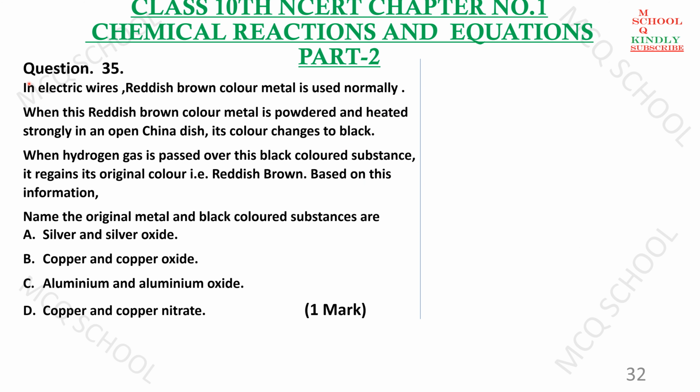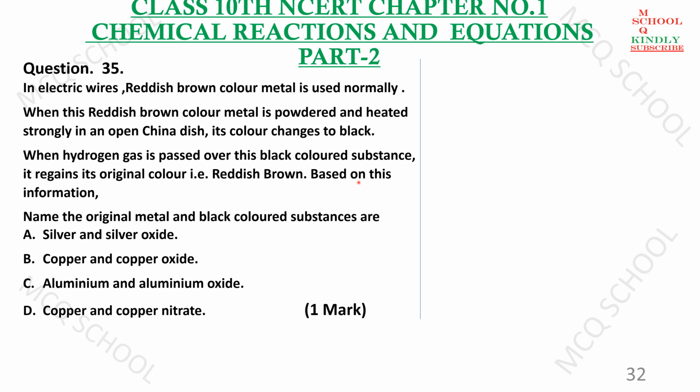Take question number 35. In electric wire, so please note electric wire, a reddish brown color metal is used normally. When this reddish brown color metal is powdered and heated strongly in an open china dish, its color changes to black. When hydrogen gas is passed over this black colored substance, it regains its original color, that is reddish brown.